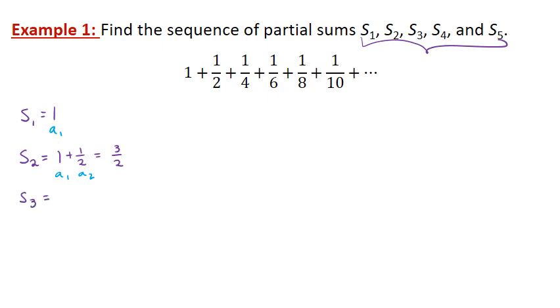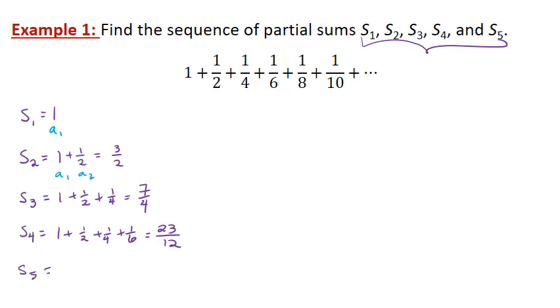So the partial sum here would be 1 plus 1/2 plus 1/4. Adding these together, you get 7/4. Then 1 plus 1/2 plus 1/4 plus 1/6. So that's adding the first 4 terms. This gives me 23/12.